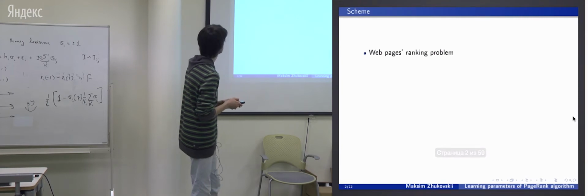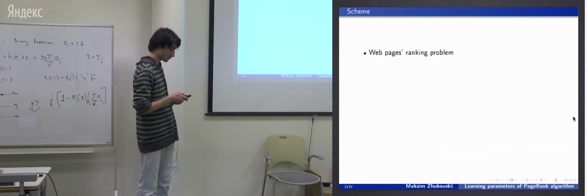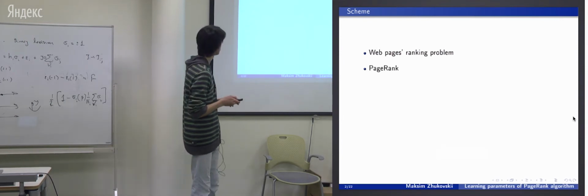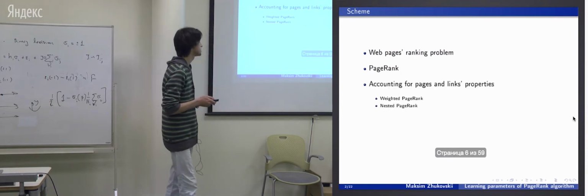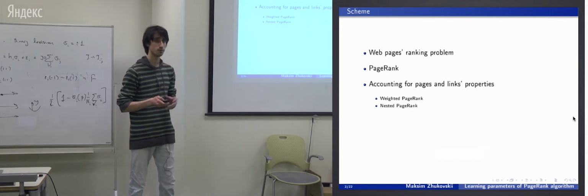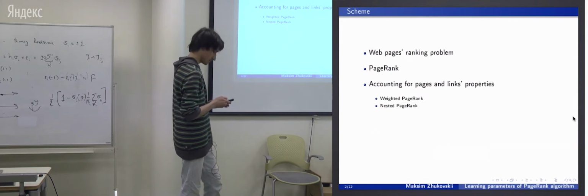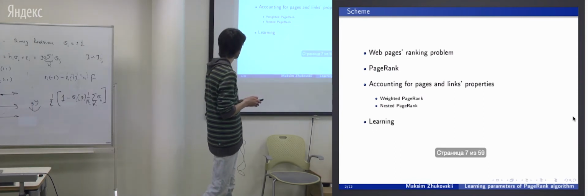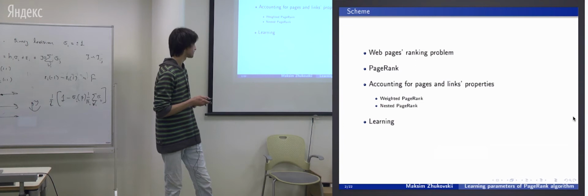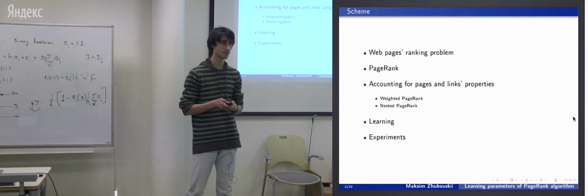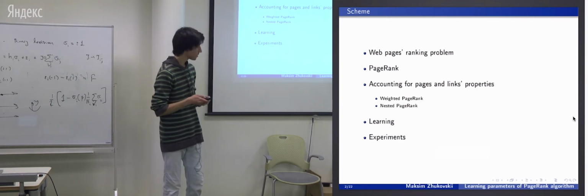I'm going to start with the definition of the web page ranking problem, and then I'll remind you of the definition of the PageRank algorithm, and tell about its different modifications that account for different page and link properties, and then about some learning algorithms for the parameters of these methods, and the experimental part. So we make experiments in Yandex on our data, and that's all.